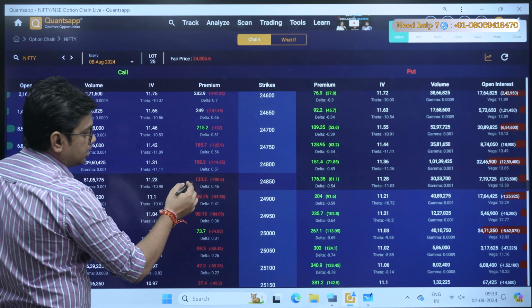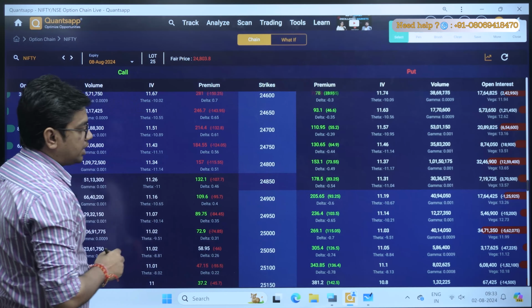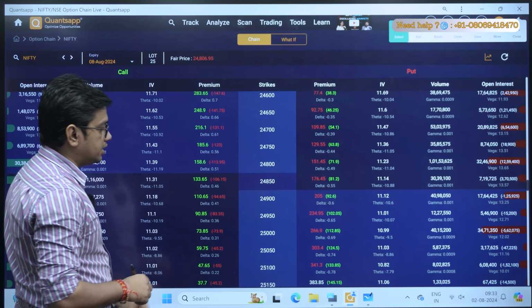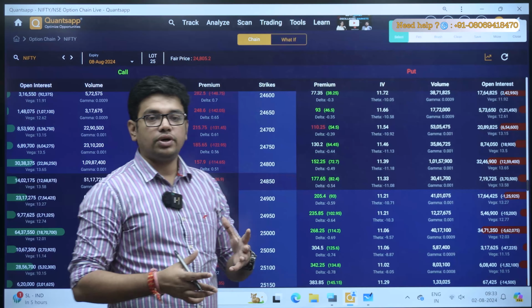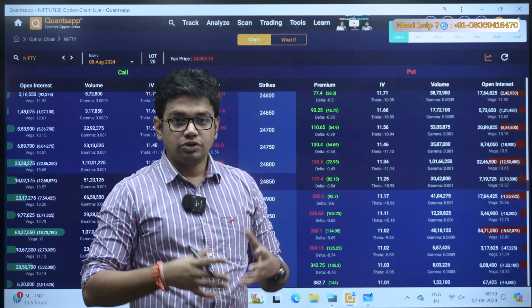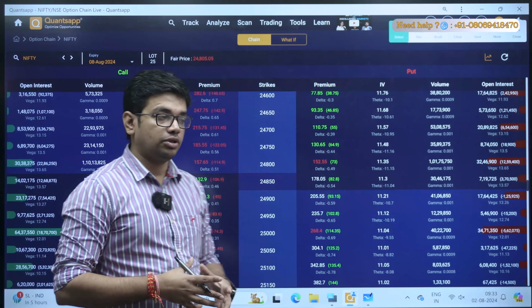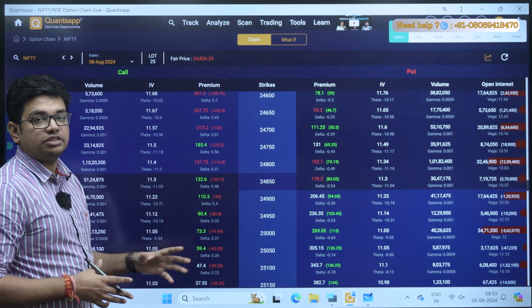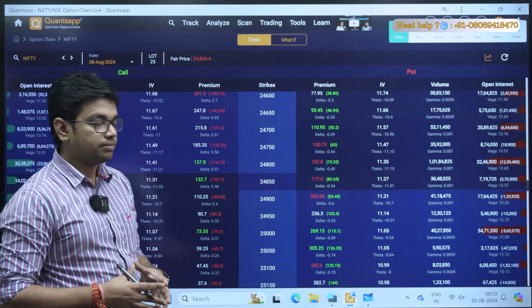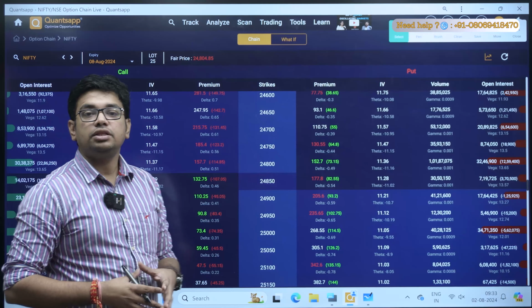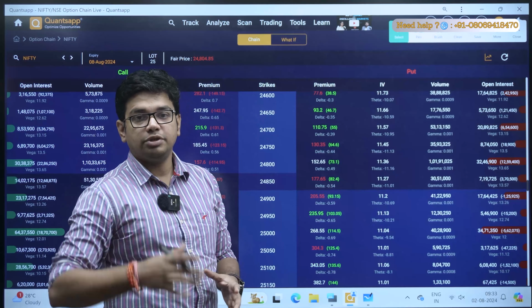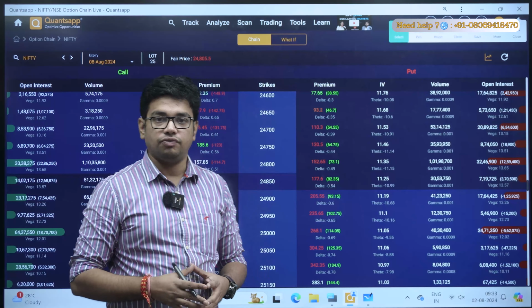Because here you can see the current price is 132, but at 24950 it is 90, so 40 rupees cheaper. So let's just say if I am going to buy 10,000 quantity, here the investment will be around 9 lakh rupees, and here the investment will be 13 lakh. That means 4 lakh more.